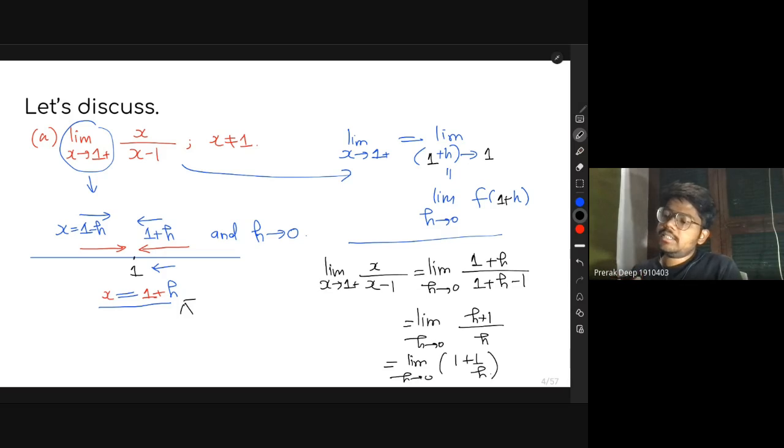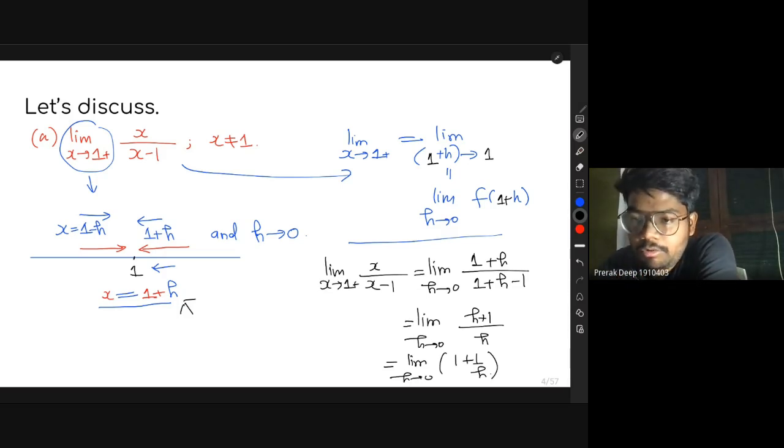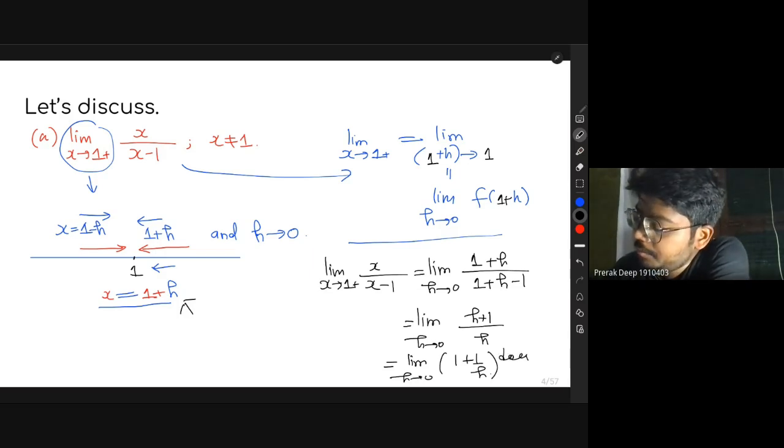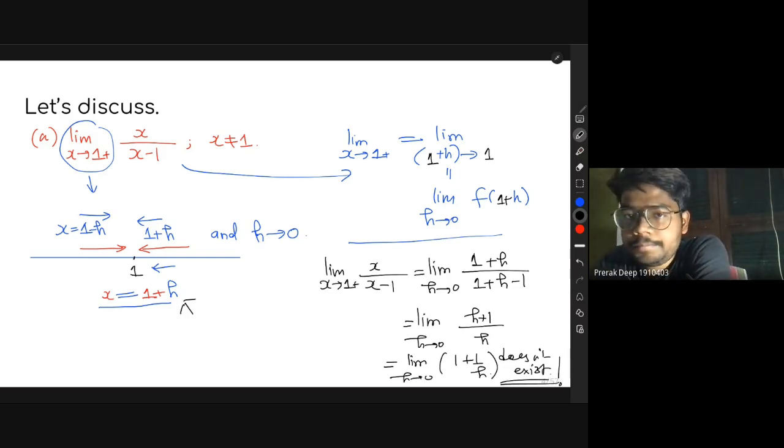But in this case, you can see that the limit of the 1 over h function doesn't exist, because as h tends to 0, this 1 over h goes to infinity. So this limit does not exist. Okay, is this clear?